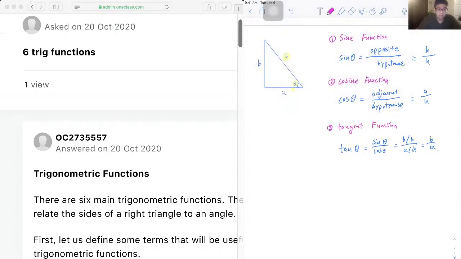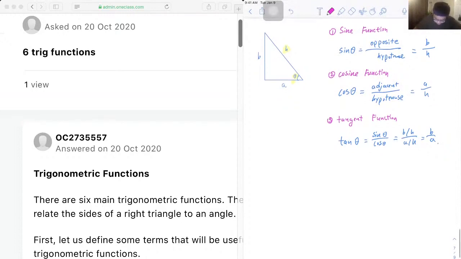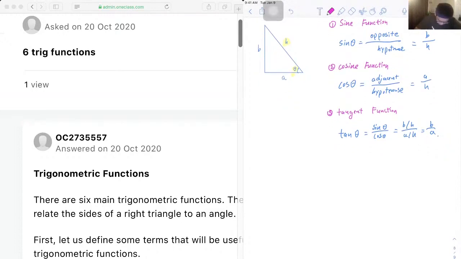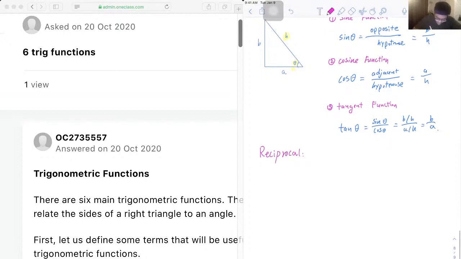And then the last three functions are just the reciprocal of these three functions. So reciprocal. Okay, so let's count. Number 4 will be the cosecant function.